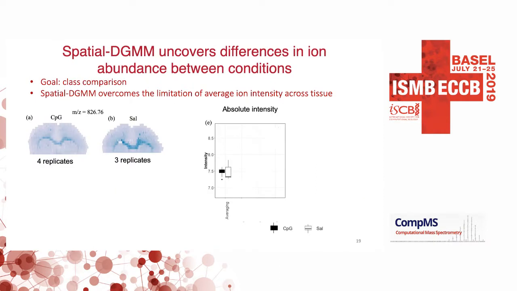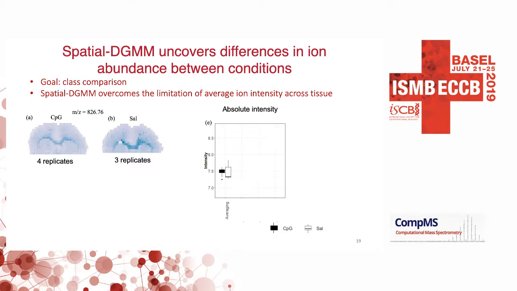Another task is class comparison. Here we show the advantage of using spatial DGMM instead of using average ion intensity across tissue. Again, on the mouse spring data, we have 2 classes, CpG preconditioned ones and saline preconditioned ones.